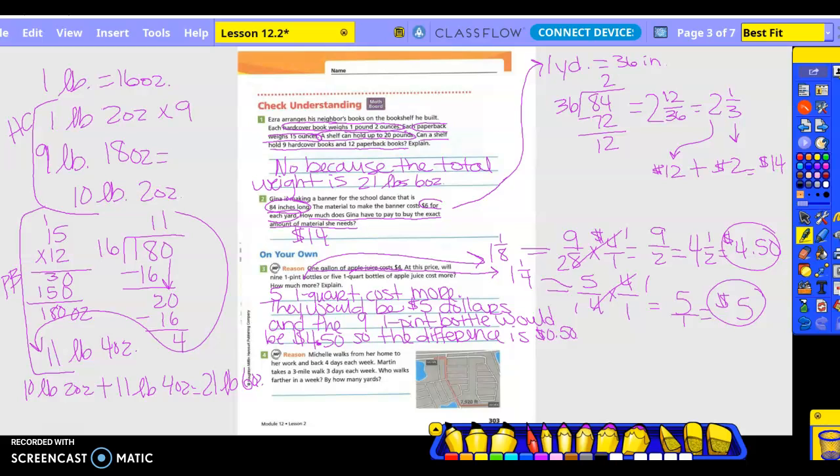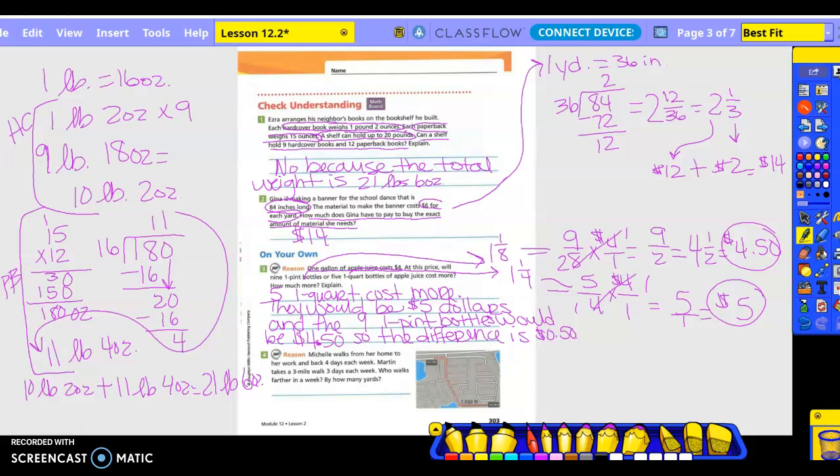So we said 5 quarts times the $4, simplified and got 5. So the quarts would be $5. So 5 1-quart bottles cost more. They would be $5, and the 9 1-pint bottles would be $4.50. So the difference is 50 cents.